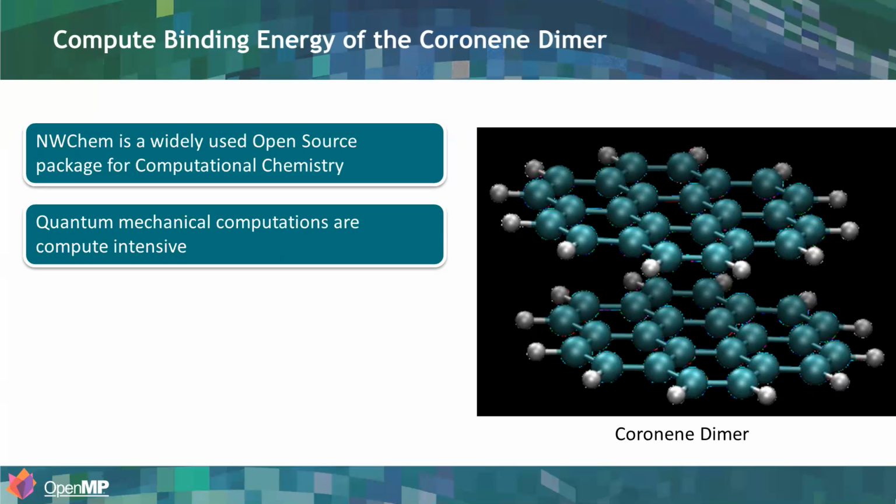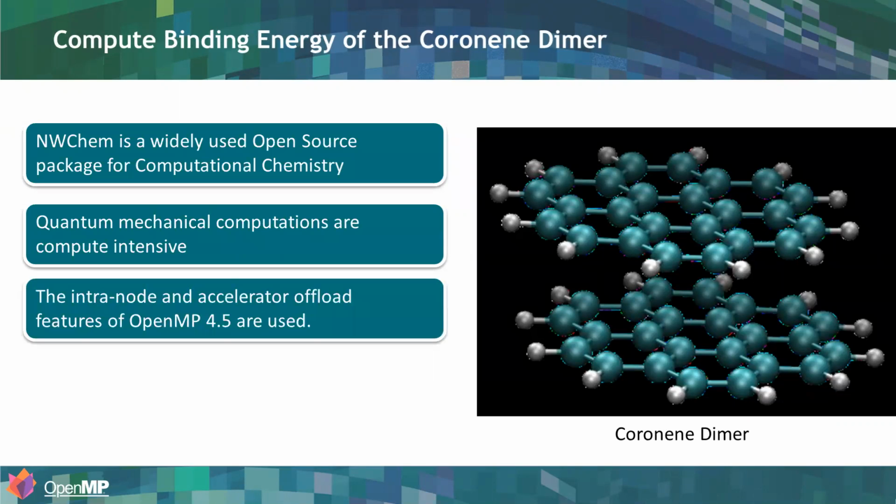And these computations are so intensive that these are very good candidates for the forthcoming quantum computers. But in this case, it has been implemented as OpenMP for SMP and accelerator systems. And the intranode and accelerated offload features of OpenMP 4.5 are used.